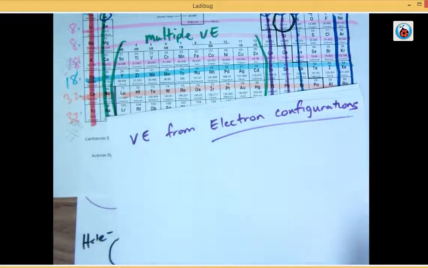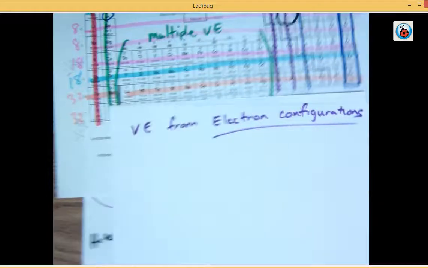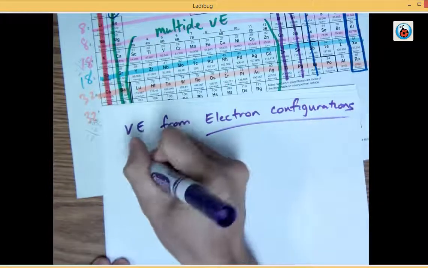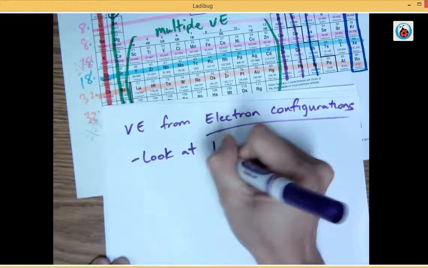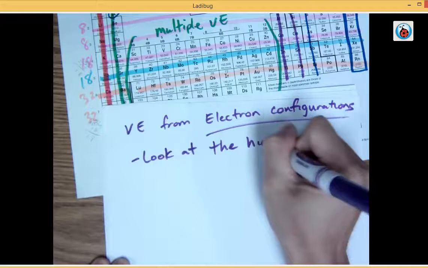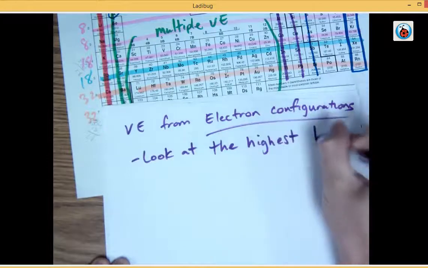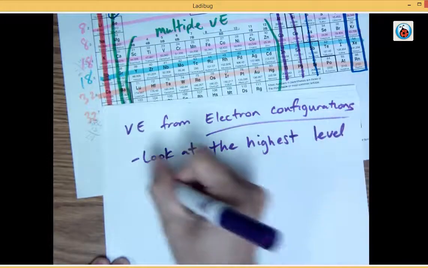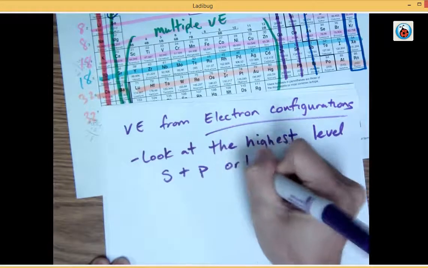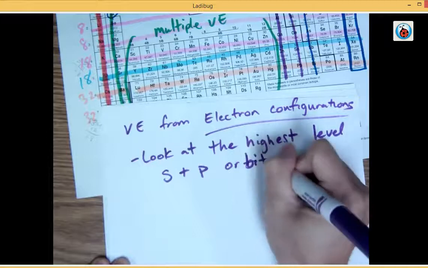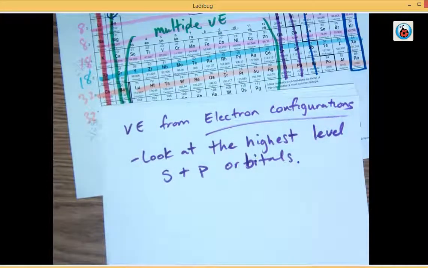This means that from your electron configuration, you can figure out the valence electrons by looking at the highest level S and P orbitals, and then adding them together. Highest level S plus P orbitals.